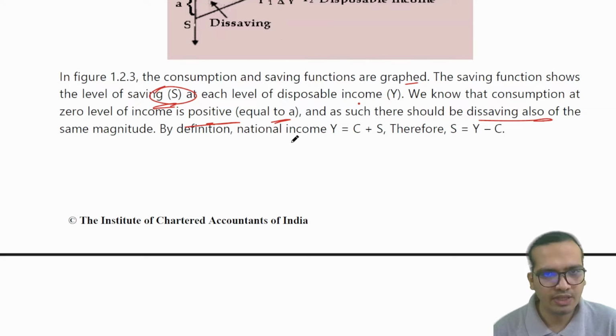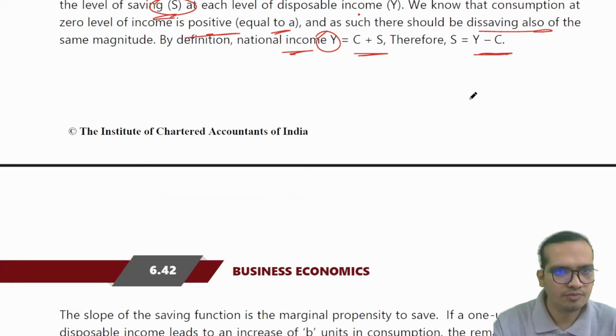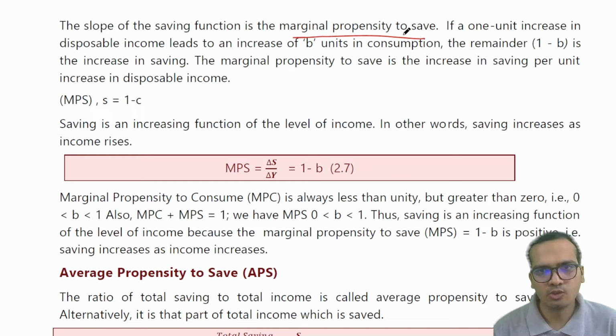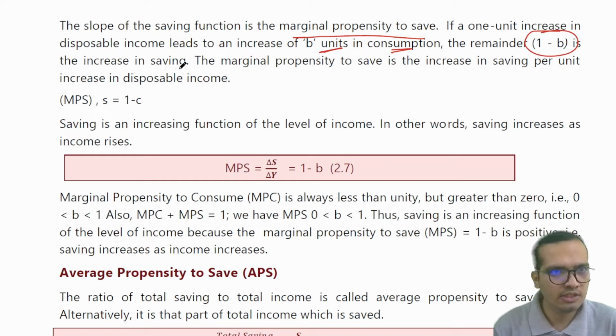By definition, national income, that is Y, equals C plus S, consumption plus savings. Therefore, saving equals Y minus C, income minus consumption. The slope of the saving function is the MPS, marginal propensity to save. If 1 unit increase in disposable income leads to an increase in B units in consumption, the remainder 1 minus B is the increase in saving.